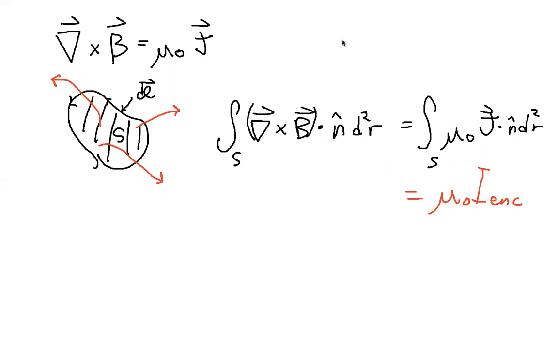Okay, that's that side. What about this side? Well, here you use Stokes's law. The integral of a curl over a surface is equal to the integral of the magnetic field, just the raw vector field, along the length. And here you're just going along the boundary of this thing.